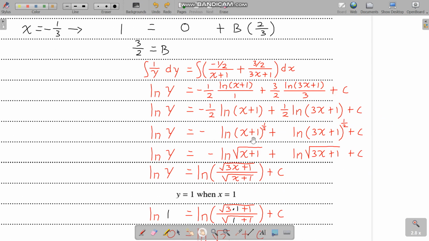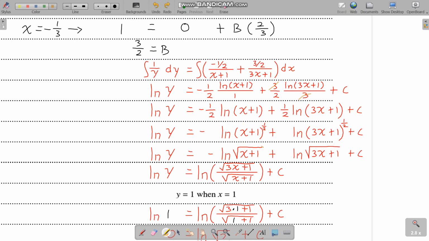So now we can simplify. This is minus 1/2 ln, and 3 divided by 3 is 1, so just 1/2 ln. And we can move this 1/2 into the argument of the logarithm, so we have to the power of 1/2. Same thing here.